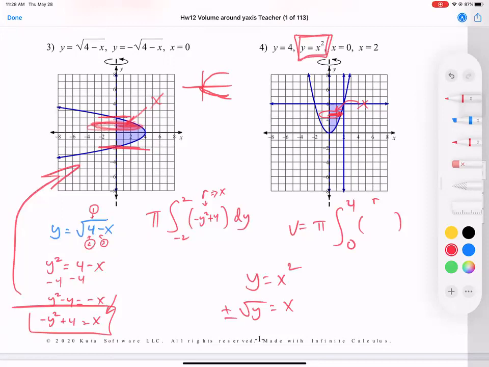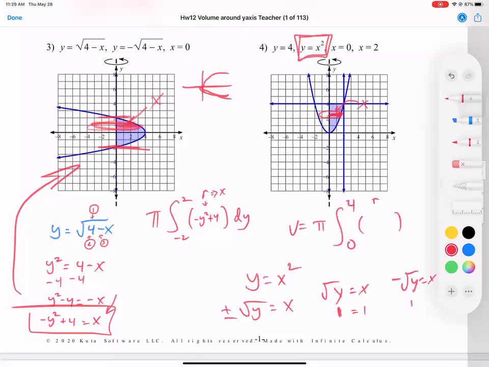So which graph would I use here? Thinking the positive one. If y is positive 1, x is positive 1.